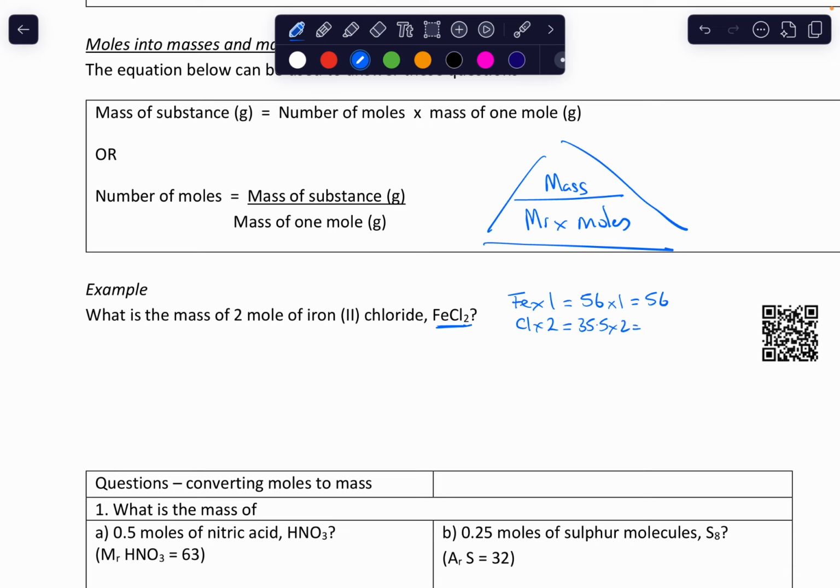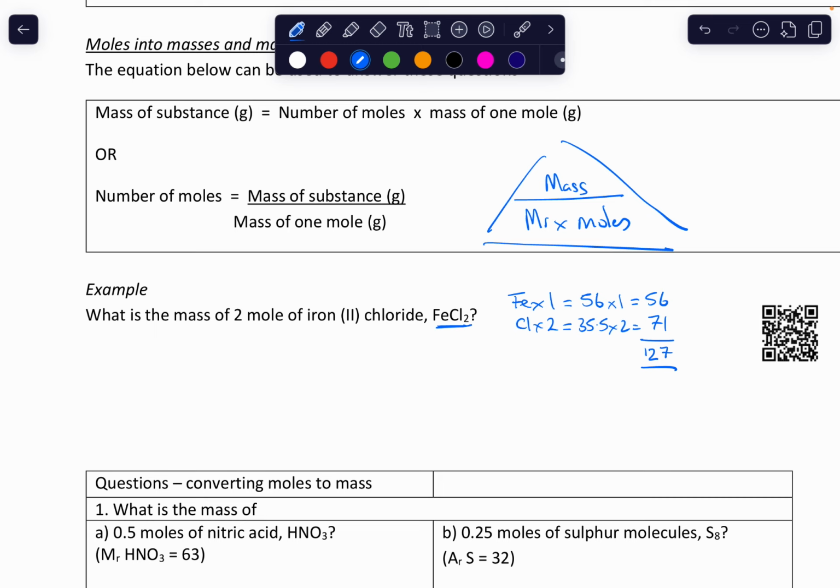We're going to times that by 2, and that's going to give us 71. Adding these together, we have got 6 and 1 is 7, 5 and 7 is 12. So the total mass of this formula, and therefore the Mr, is 127.